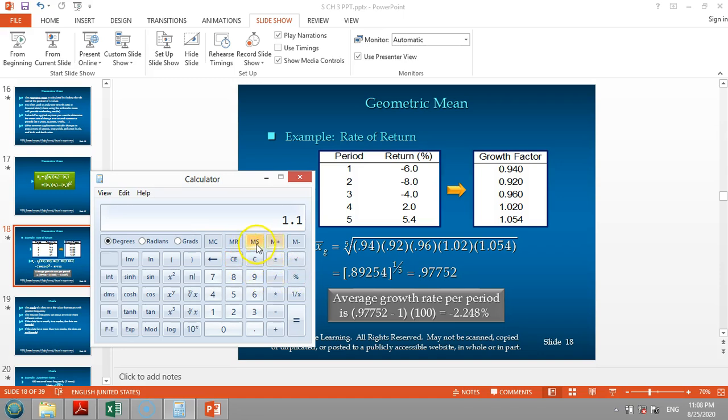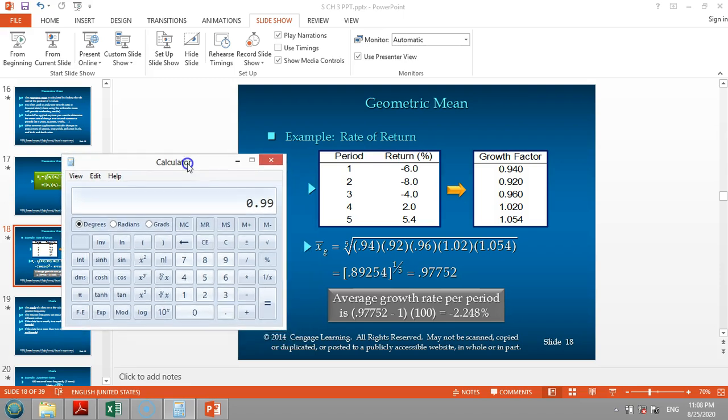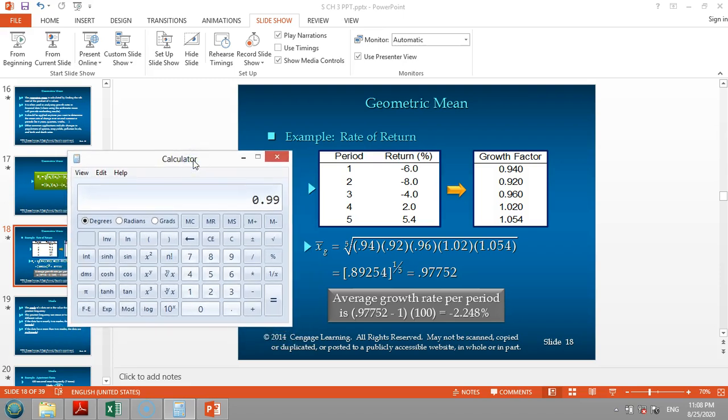So I multiply 1.1 times 0.9, which gives 0.99. Then I take the square root and subtract 1. It should be about negative 0.5%.